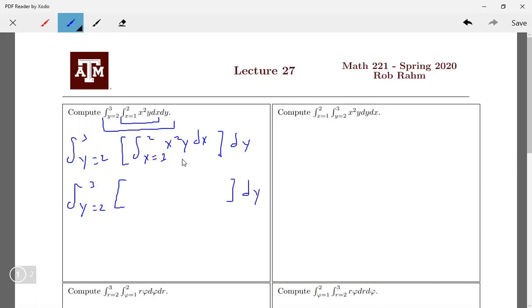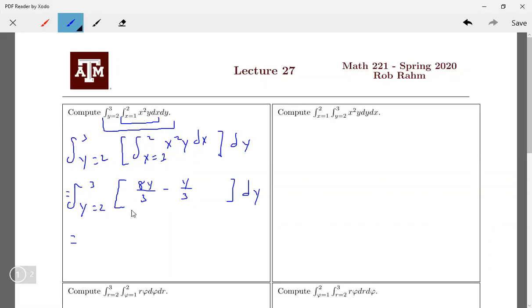If I do the inner integral, this is an integral in terms of x, and as far as x is concerned, y is a constant. So the antiderivative of x squared y with respect to x is 1/3 x cubed y. And we're going to go from x equals 1 to x equals 2. So this is 8y over 3 minus 1y over 3, which is just y over 3.